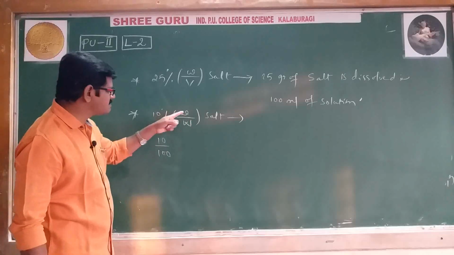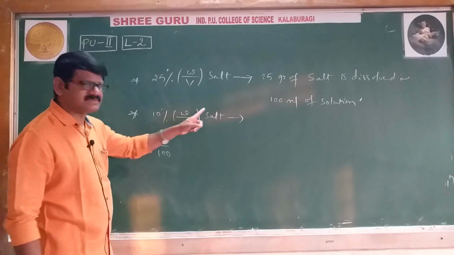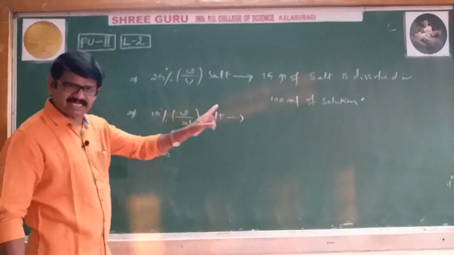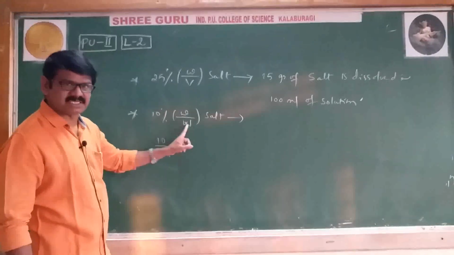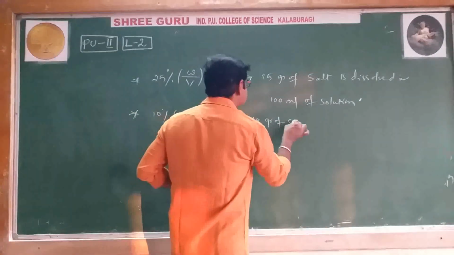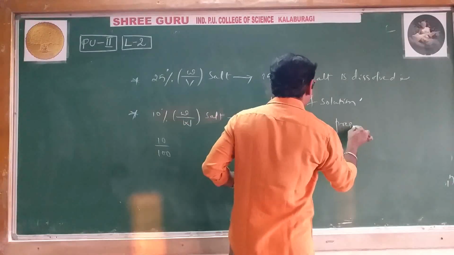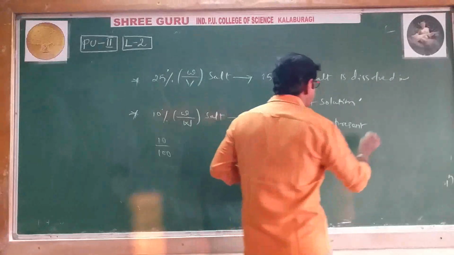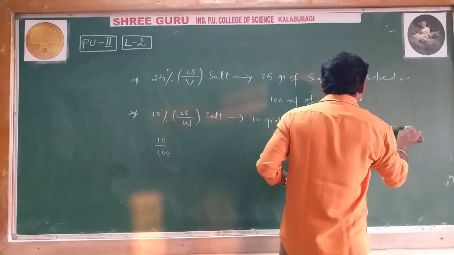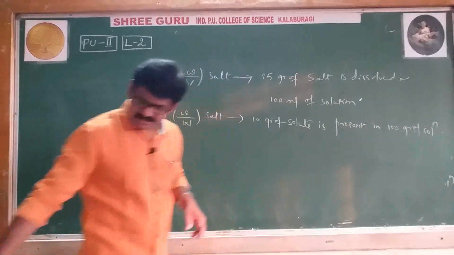Because it is mass and it is also mass, 10 grams of salt, 10 grams of solute, is present or dissolved in 100 grams of solution. That's it. This is the meaning.